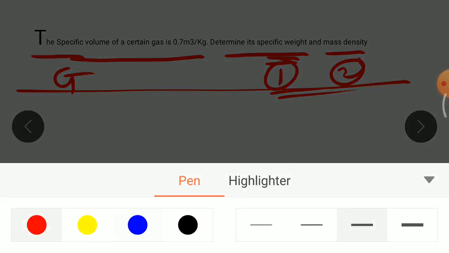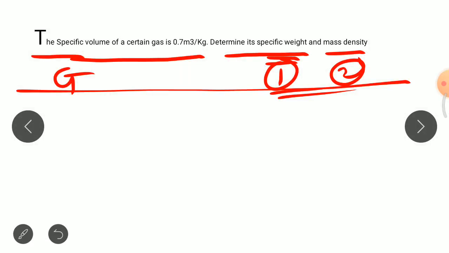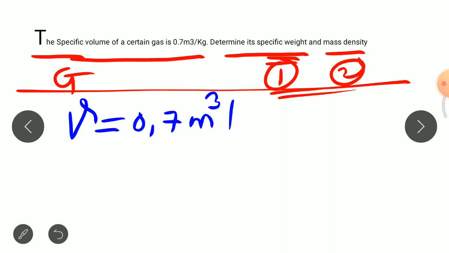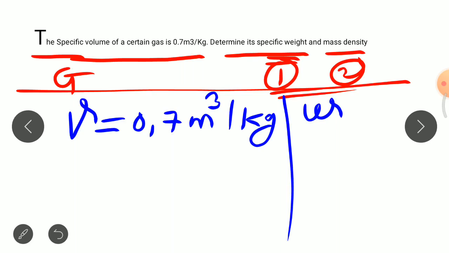In given data we have only one quantity, that is specific volume, and it is denoted by small v. V is equal to 0.7 meter cube per kg, and what we have to find, that is specific weight, and the specific weight is denoted by small w, and mass density is by rho. These two quantities we have to find out.